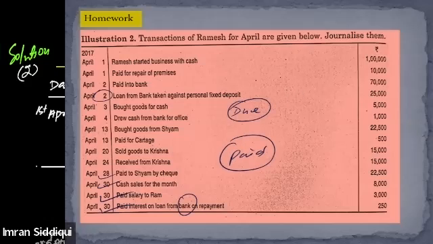Could you please repeat? I'm saying for the due one, the entry would be interest account debited to bank loan account. Yes, that's right. Interest account debit to bank loan account. And for the next one, it will be bank loan account debited to bank account.